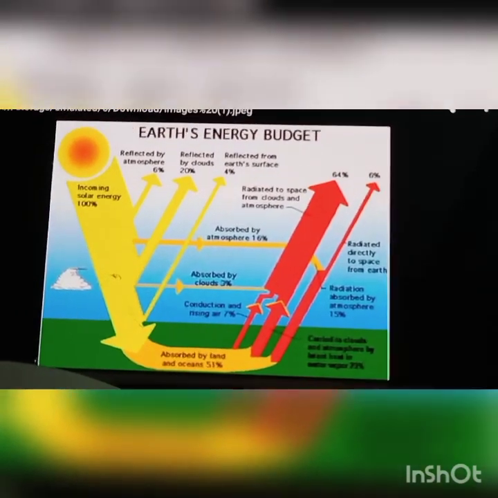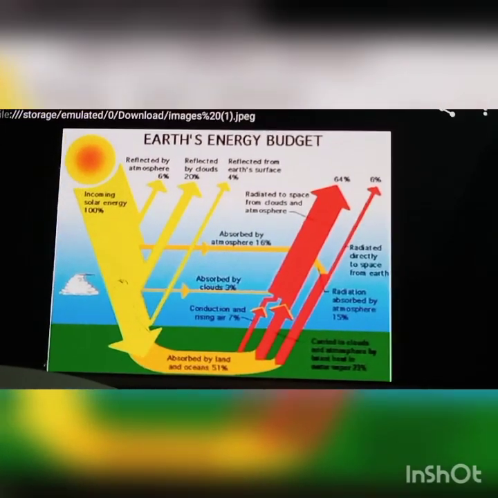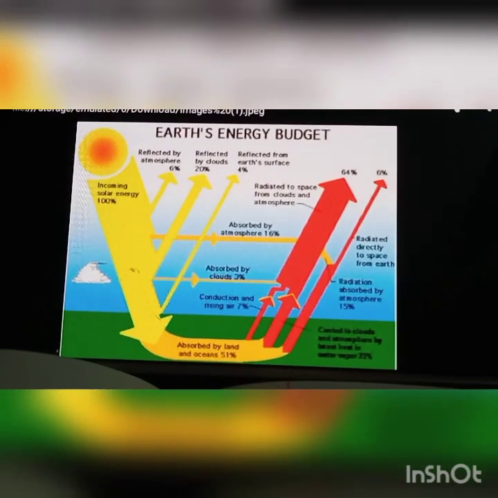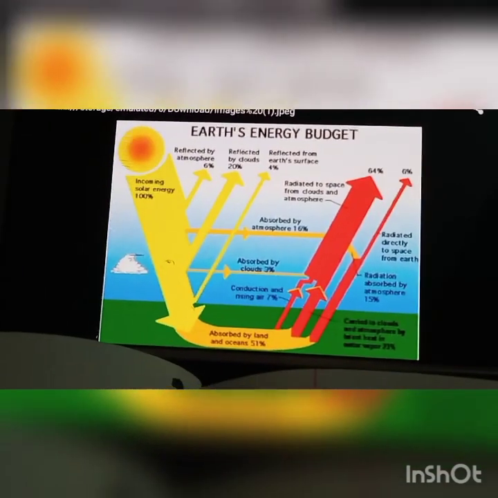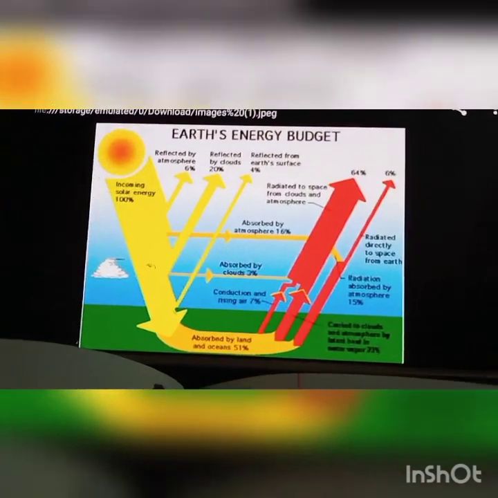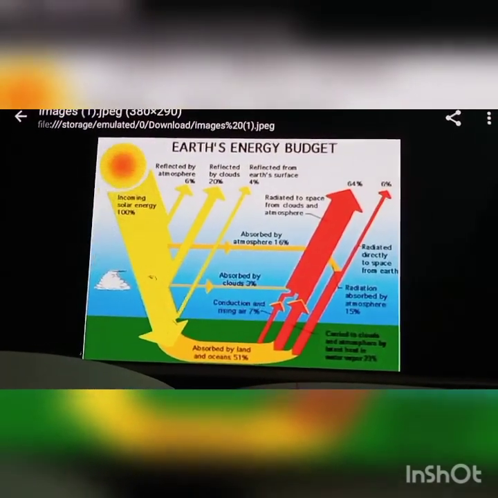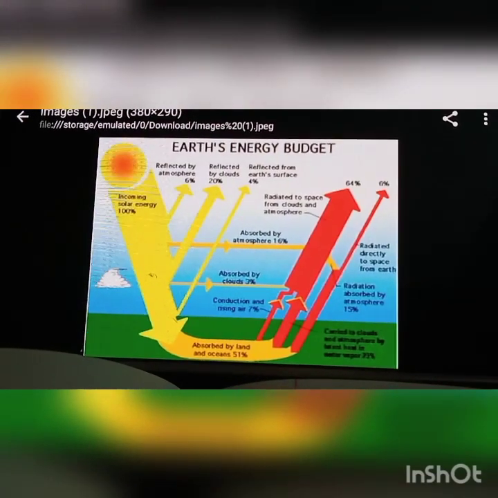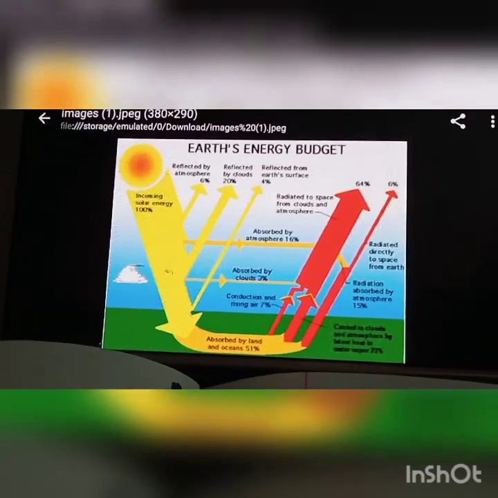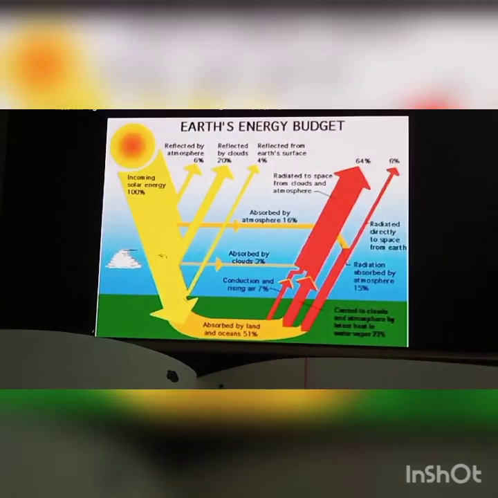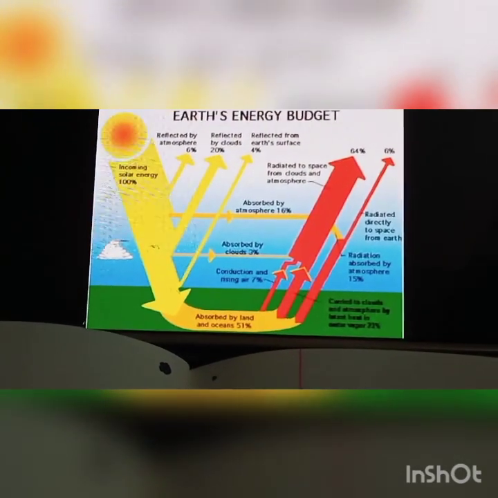Another important concept regarding solar energy: what is the impact of the sun's rays on the earth's surface, and what is the relation between the sun's rays and the earth's surface? Even the sun's rays that reach the ground do not hit the earth's surface uniformly.